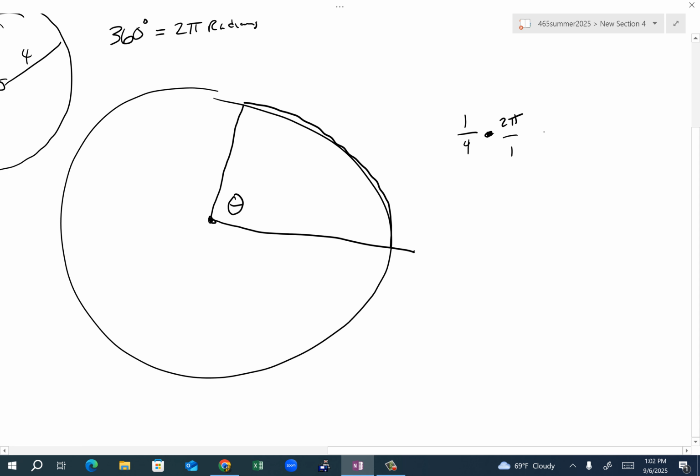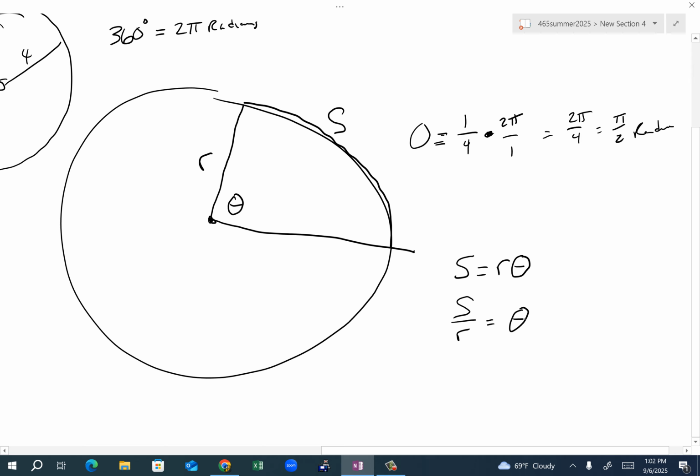So it's 2 pi over 4, or it is pi over 2 radians. That's what theta is here. Now, this is the arc length. So S, the arc length, is equal to R times theta. This is a big deal. In other words, S divided by R is equal to theta.